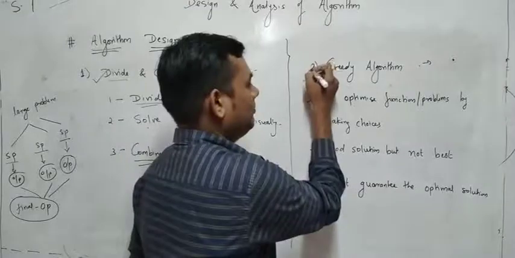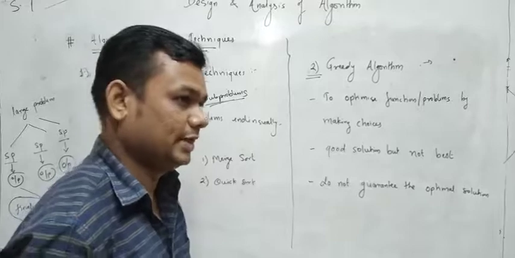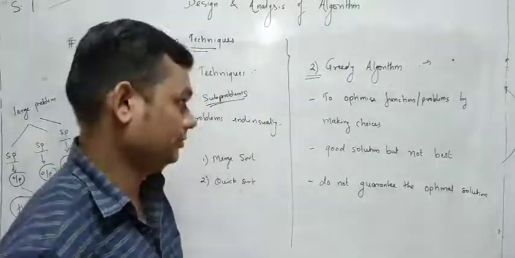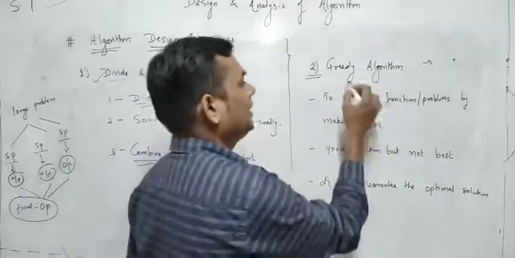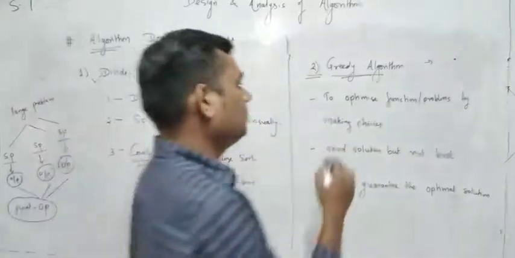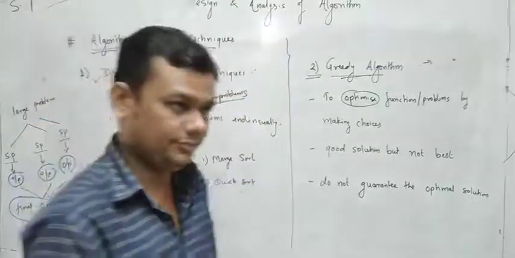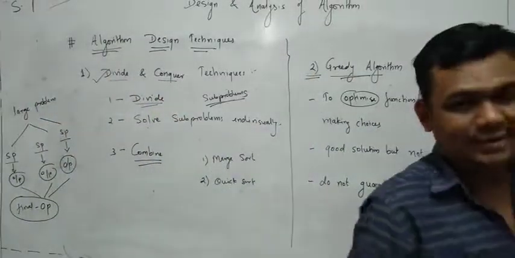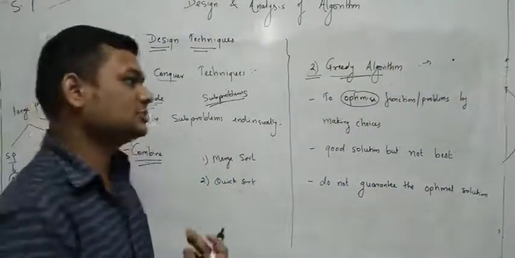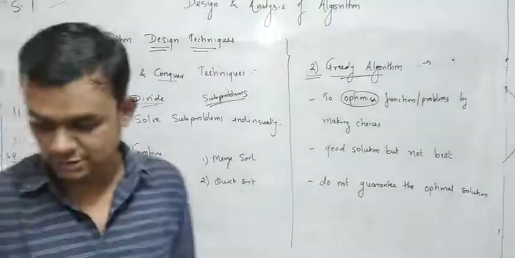So here we see the second algorithm technique, that is the greedy technique or greedy approach or greedy algorithm. What we have to do in that greedy algorithm? Friends, in that greedy algorithm, it seeks to optimize the function or the problem by making a number of choices, and from those choices we select a specific choice and produce a result or a solution.